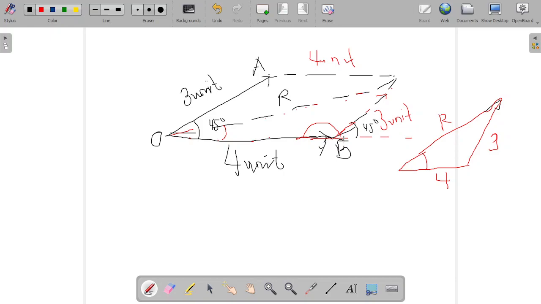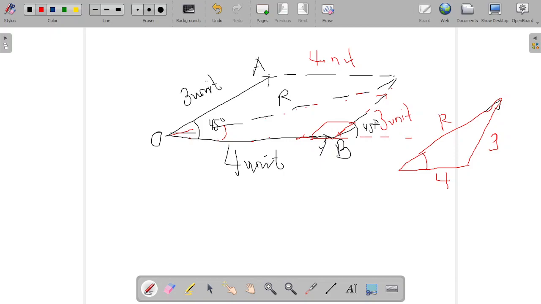Now how do we get the remaining angle here? We say 180 minus 45, because the sum of angles on a straight line is 180.